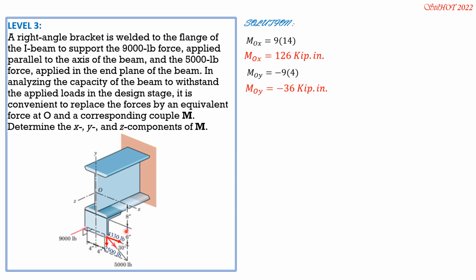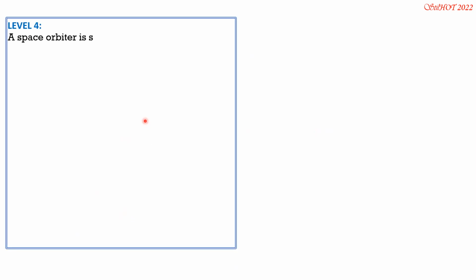So 4.33 times 14 minus 2.5 times 4 is 50.62 kip-inches. Remember that I solved this by the right thumb rule. That's the scalar approach.